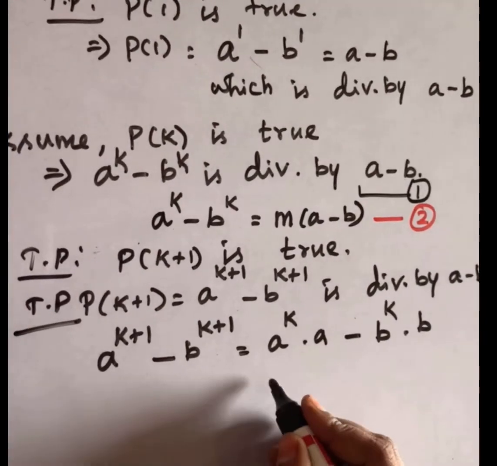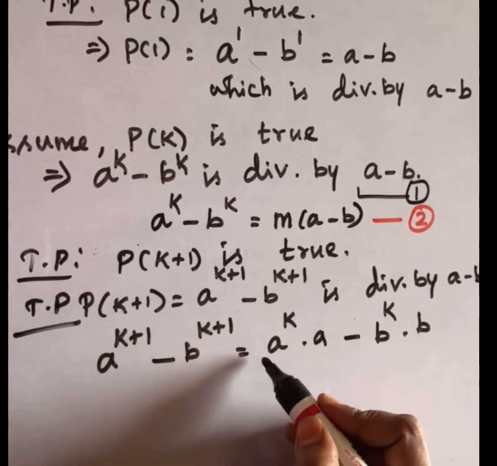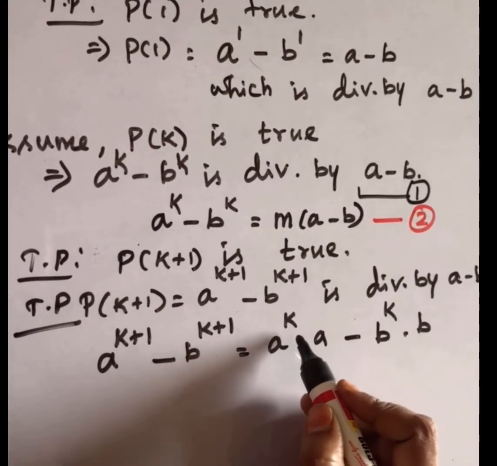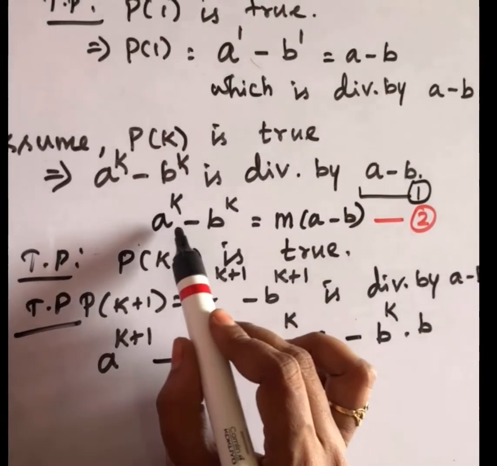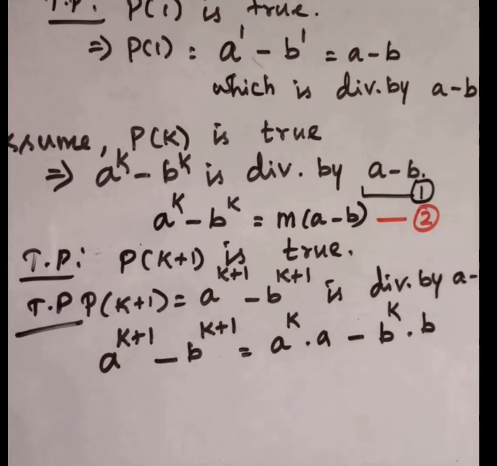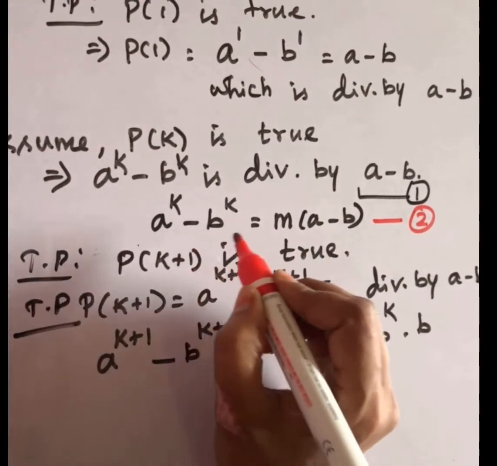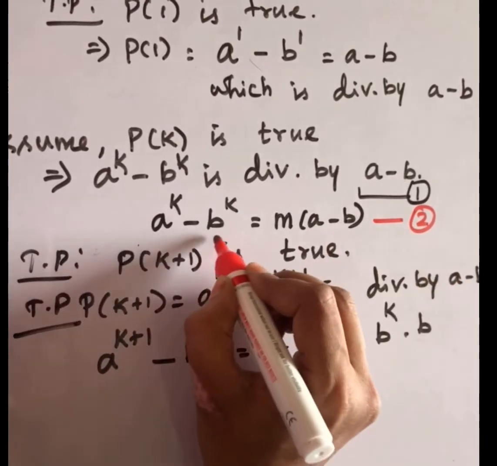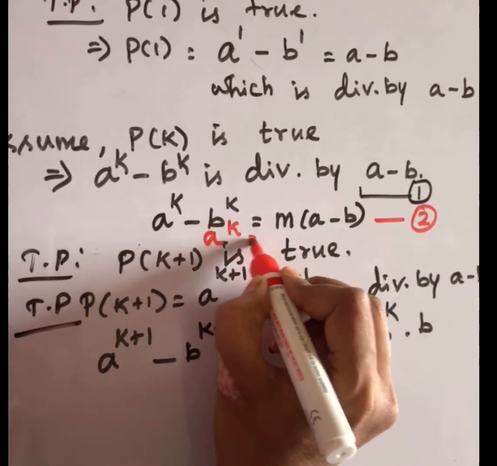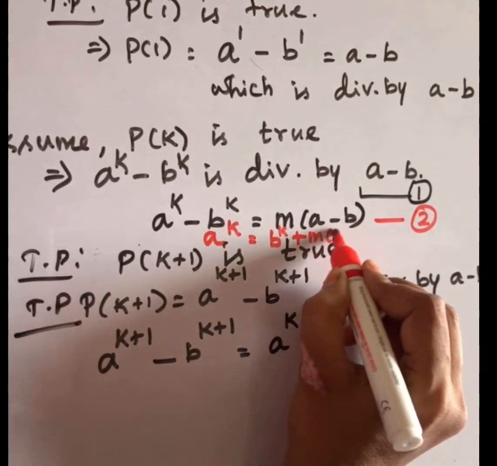Okay. So, now instead of a power k, I am going to write another expression from our equation 2. That is, a power k minus b power k is equal to m into a minus b. So, from this equation, I get a power k is equal to b power k plus m into a minus b.